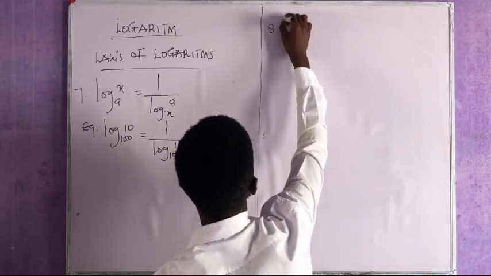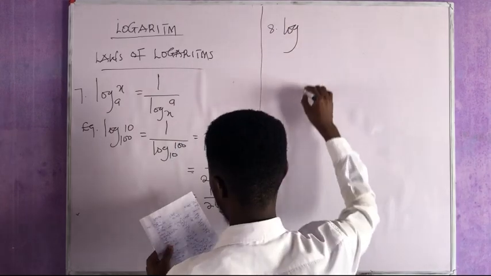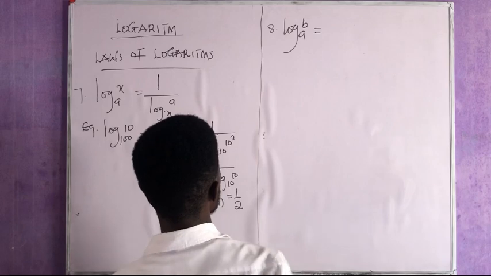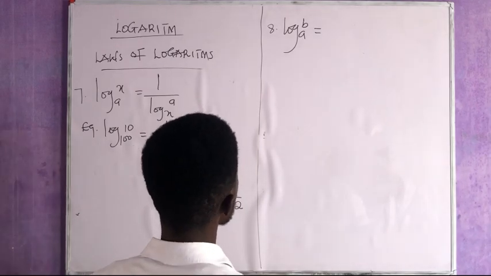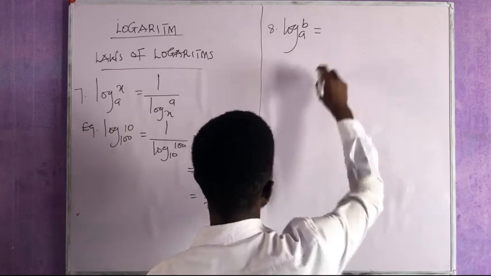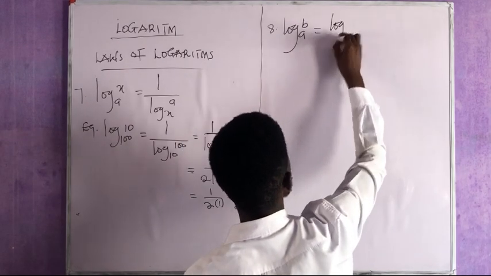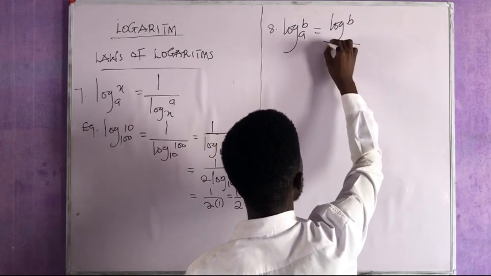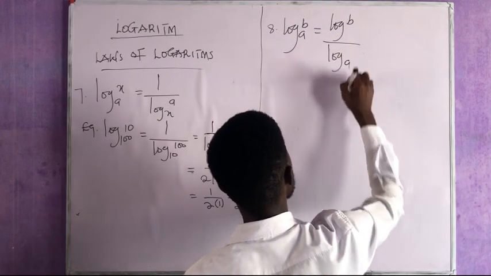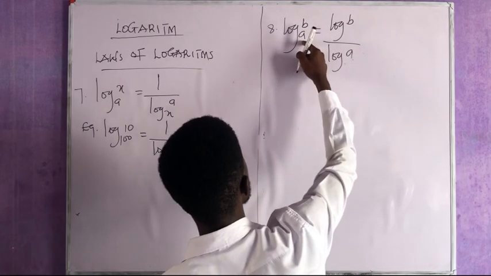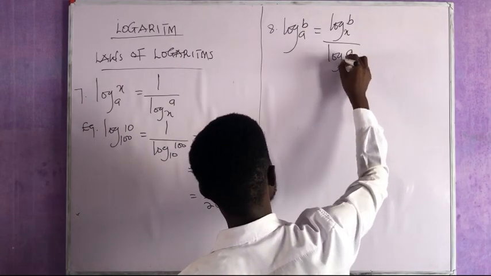Okay, so log b base a. Now this is what we call change of base. You want to change the base, you introduce another variable. But that variable has to have something to do with what you have here. So here I'm introducing x.